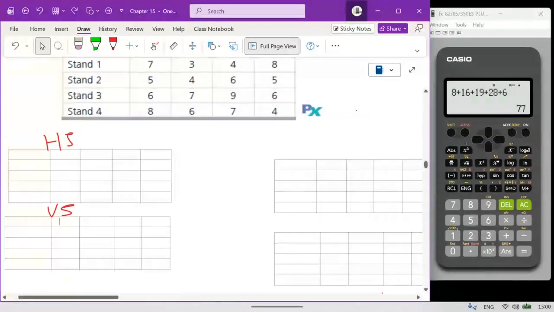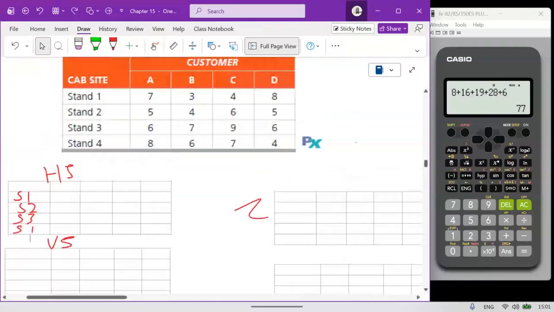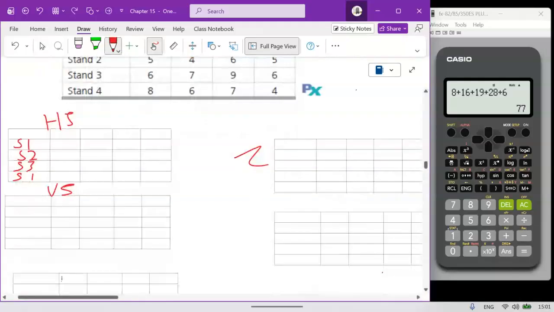We have stand 1 as jobs, stand 1, stand 2. I'm unable to write the angle. I can only write when I zoom too much. S3, S4. Then we have 1, 2, 3. We have A, B, C, D. Okay. Then now you're going to ask yourself this question.